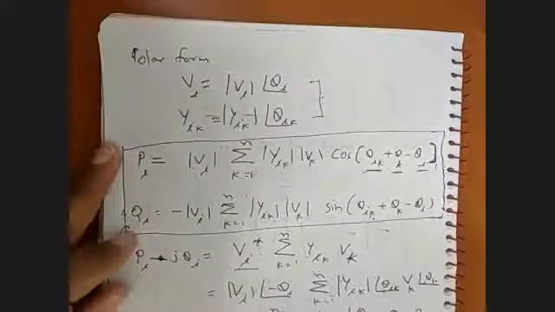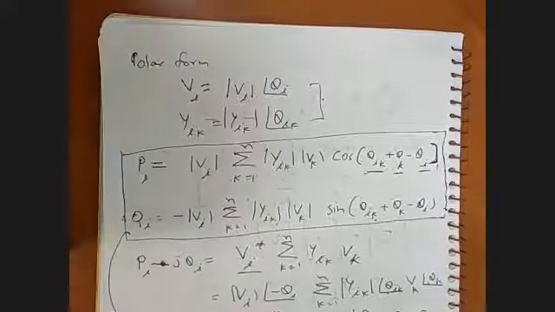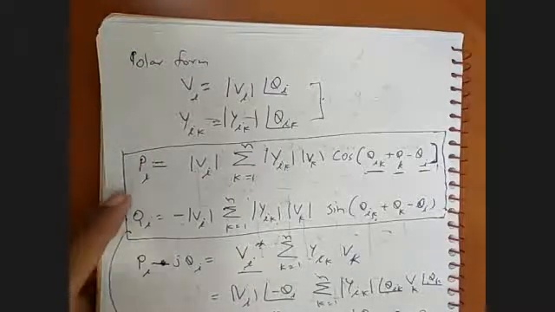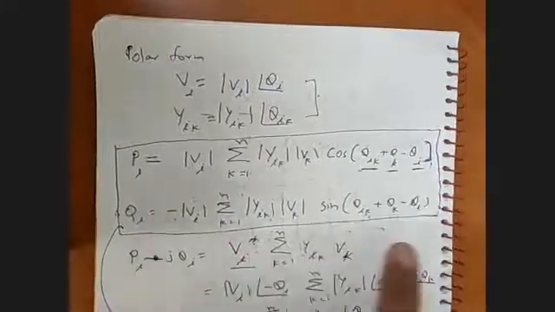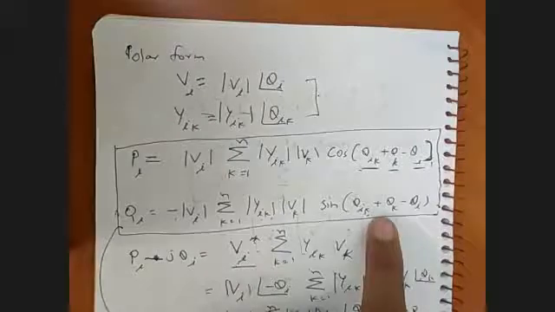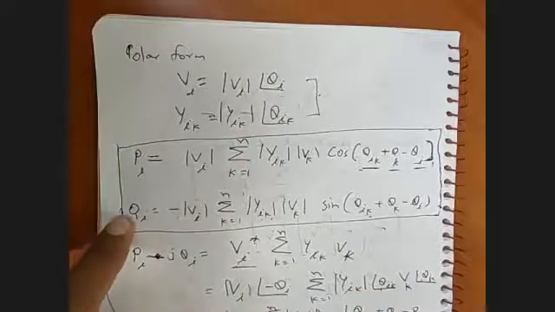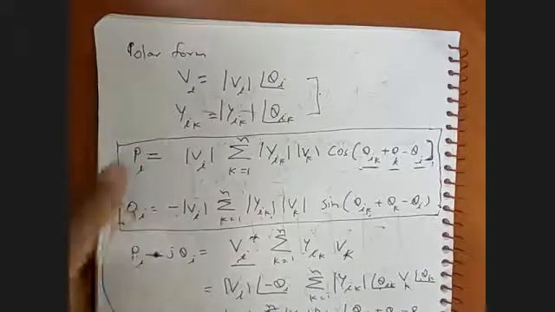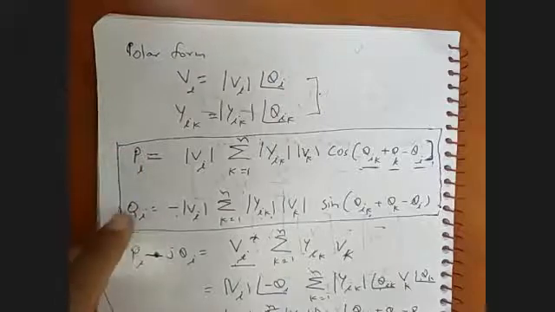Then we will be able to solve these equations, because for an n bus system, these are 2n equations. So to solve the 2n equations, we must know 2n quantities.